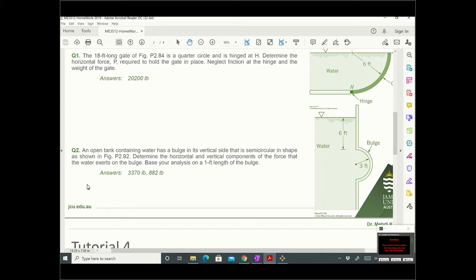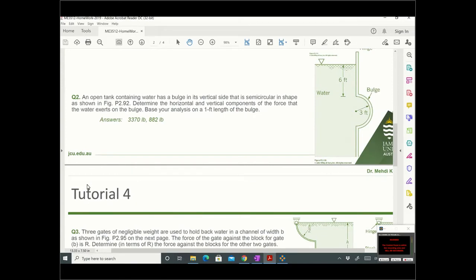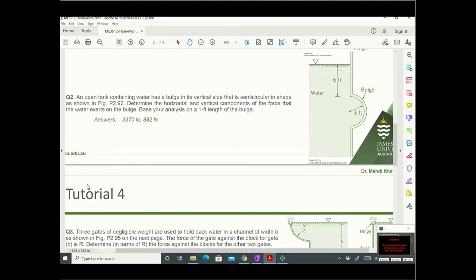What's the first step? Cut that part, put it aside, draw a free body diagram. What are all the forces we have from that side?